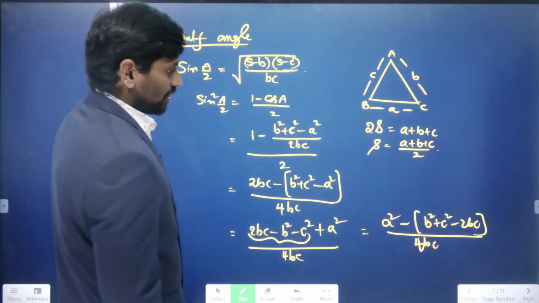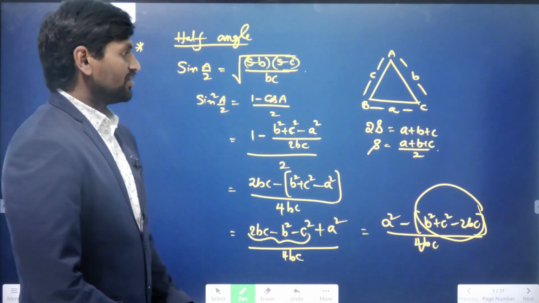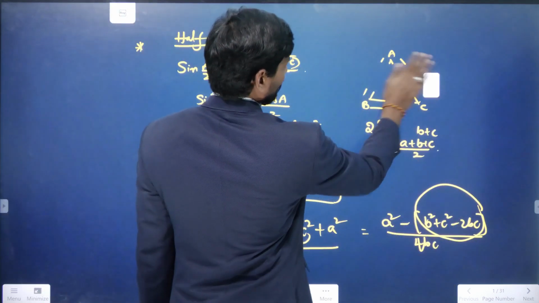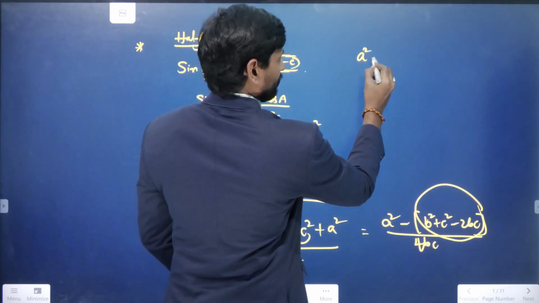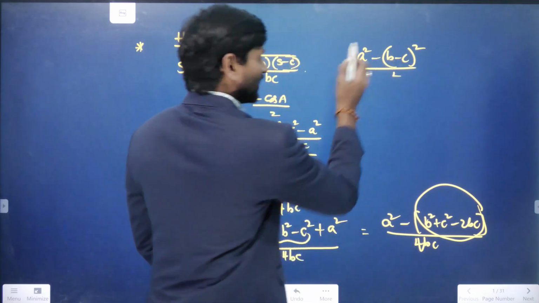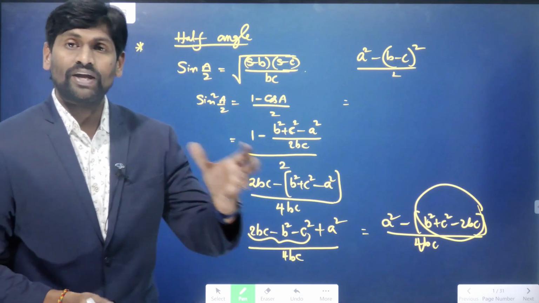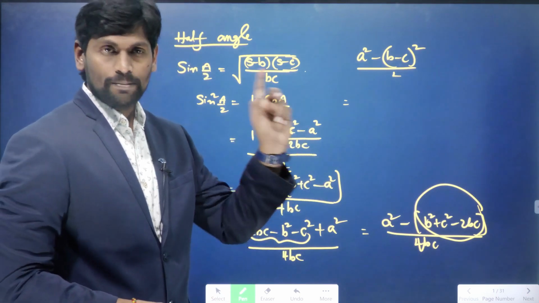Now this is in the form of (b minus c) whole square. So I can write a square minus (b minus c) whole square. Now again the numerator is in the form of a square minus b square, the formula (a plus b) into (a minus b).